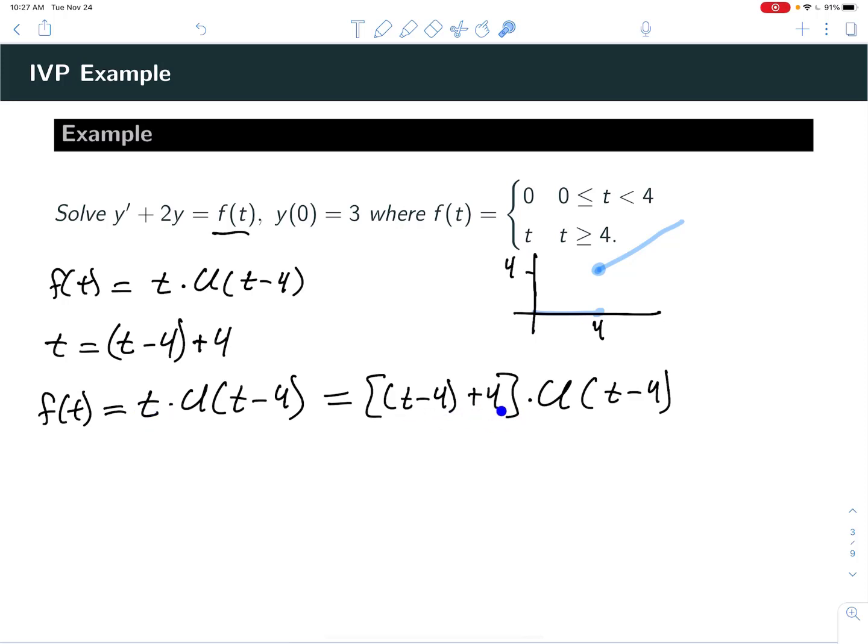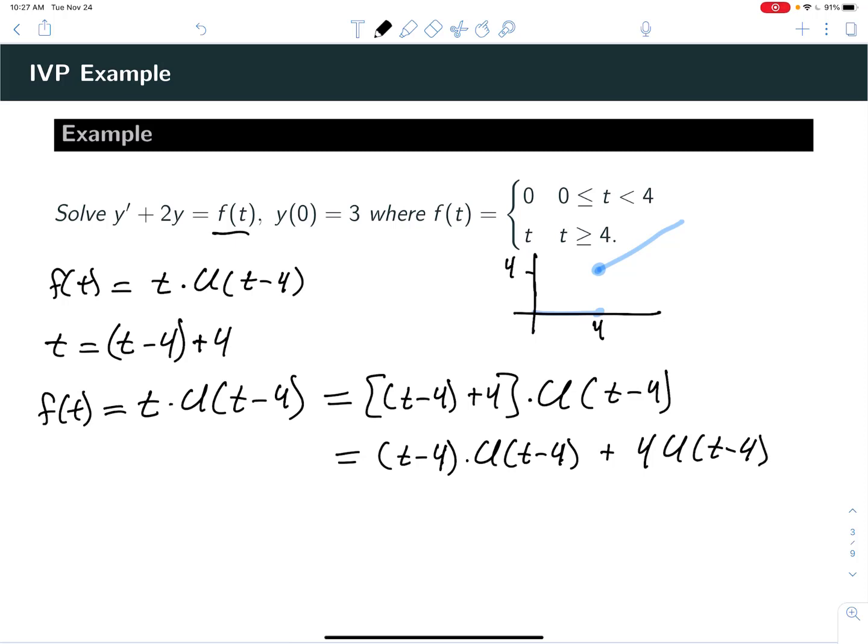That's certainly true. And then I'm going to expand this out. So I have t minus 4 times the unit step function starting at 4, and then plus 4 times the unit step function starting at 4.